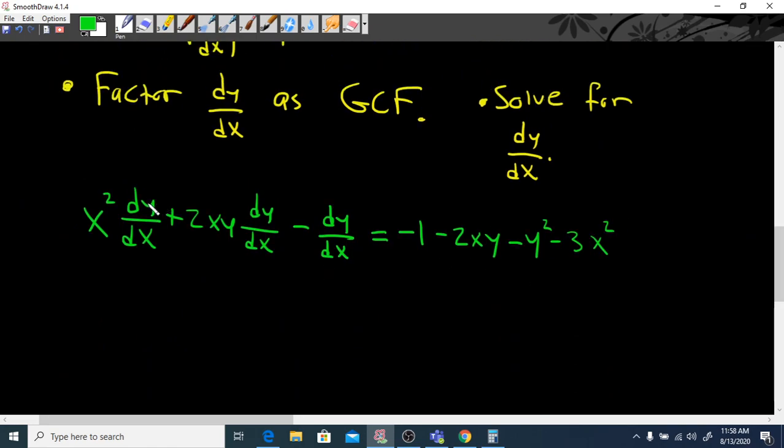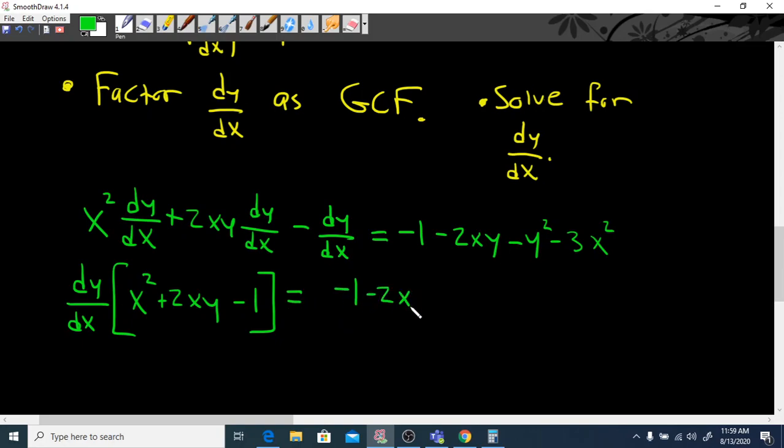So now, every term on the left has a dy dx. There's dy dx, there's dy dx, and here it is again. So I'm going to factor that as a greatest common factor on the left-hand side, leaving x squared from the first term plus 2xy from the second term, and then minus 1 from the third term. And I still have all this over here on the right-hand side. And now I'm solving for dy dx, right?